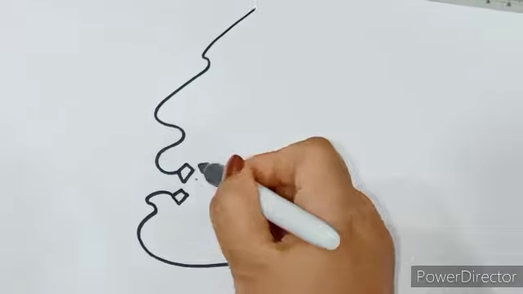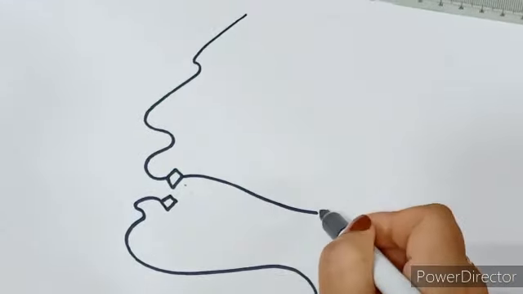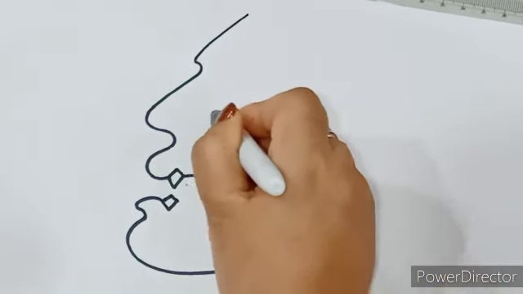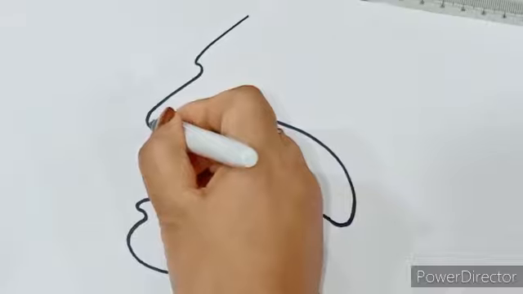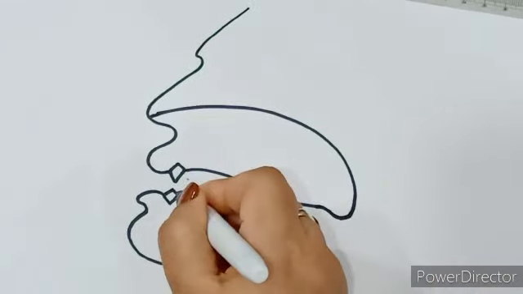The next thing we do is try to draw the palate. So drawing the palate, we have a protrusion that goes down towards the end of the palate, which is the uvula. Below we draw the tongue.